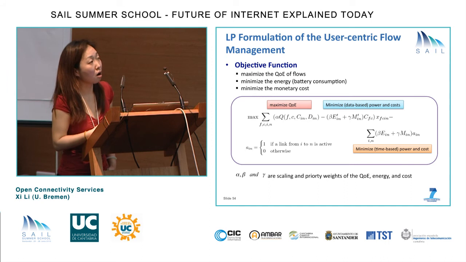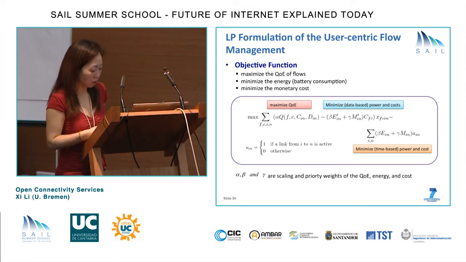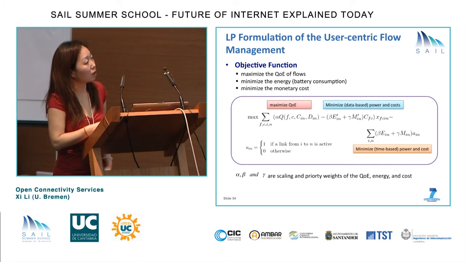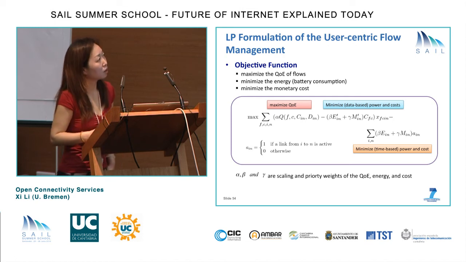So how much capacity you will take per flow by using a certain access network. And this part is mainly the power and cost consumption, which is based only on the time. When you optimize them together, we have to satisfy the objective of maximizing the quality of experience and minimizing the power and cost, once by time, once by the capacity.